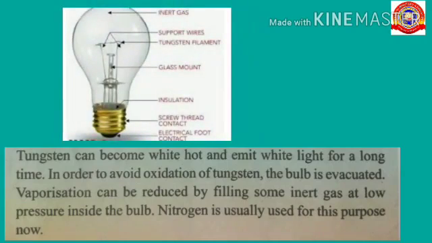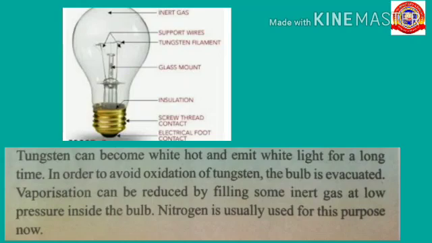Tungsten can become white hot and emit white light for a long time. In order to avoid oxidation of tungsten, the bulb is evacuated. You know what oxidation is? That is reaction with oxygen. Okay? Evacuated means without air. Vaporization can be reduced by filling some inert gas at low pressure inside the lamp.